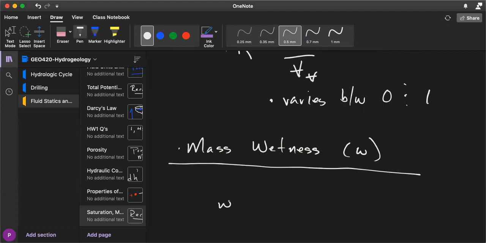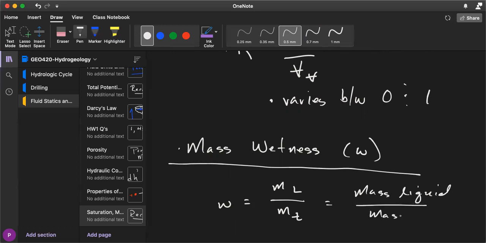And mass wetness is the mass of the liquids over the mass of the soil, so the total mass of my porous media.